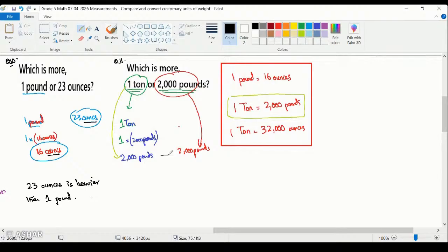Neither of them is heavier. They are equal, right? 1 ton is equal in weight to 2,000 pounds, or we can say they are equal weights. Agreed? Perfect.